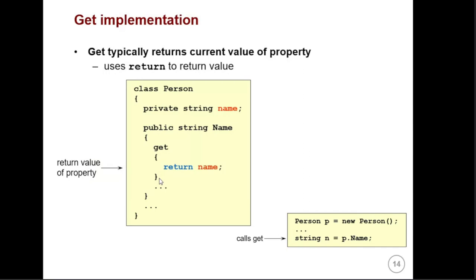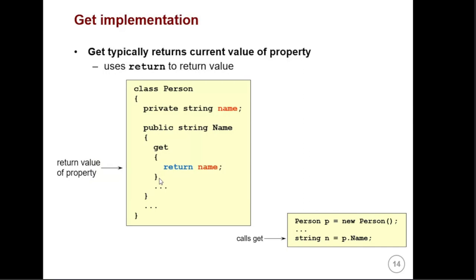Okay? For the getters, as you can see, it is again somewhat similar to a function without the open and close parenthesis. It also makes use of the keyword return so that whenever this property is called, it could return a value.